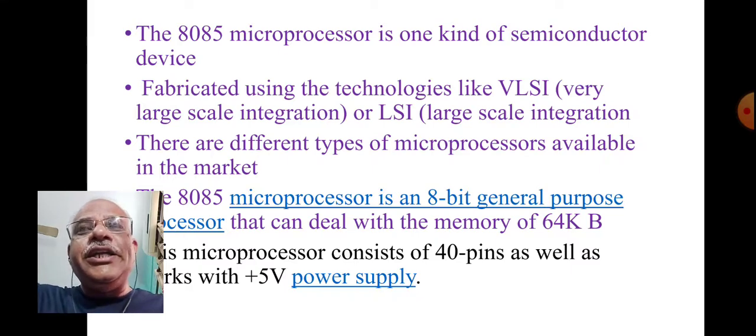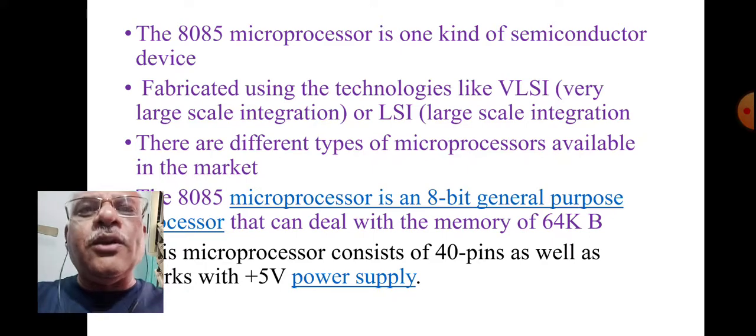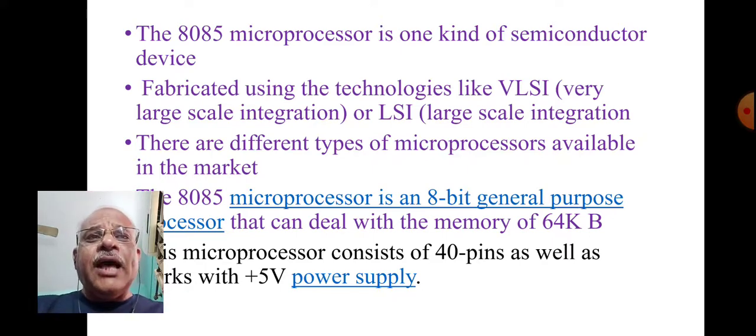Integration means bringing different things under a single roof. So whenever I say it is an integrated chip, it means a number of semiconductor devices are carved on a single chip, and they are connected in such a way that they can perform a pre-designed operation. Here the 8085 microprocessor has innumerable semiconductor devices. They are connected in a particular circuit, and then the 8085 microprocessor is formed.